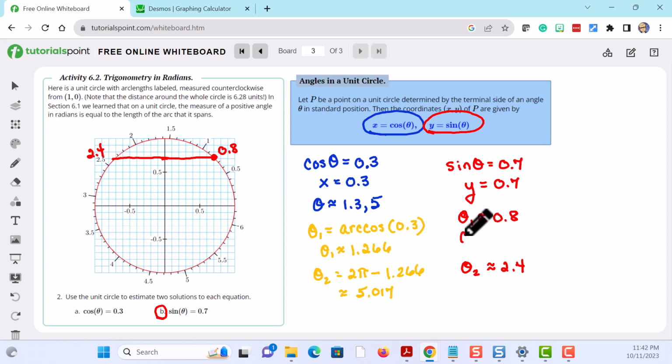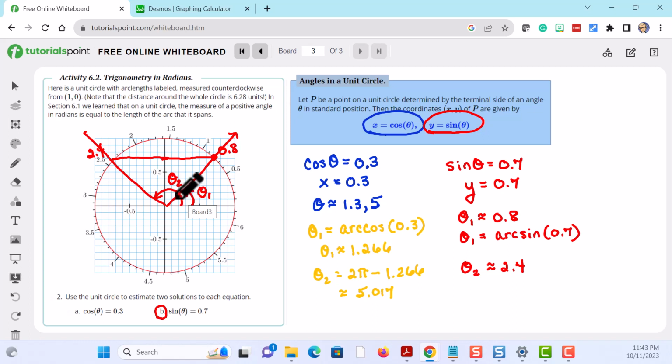Now, if we wanted to do better than that, we could use inverse trig functions, in this case inverse sine. So theta sub 1 would be equal to the arc sine of 0.7. So just looking at our diagram, we draw our ray, and this would be theta sub 1. And then in order to get theta sub 2, we might notice that theta sub 2 is a little bit less than half of a revolution.